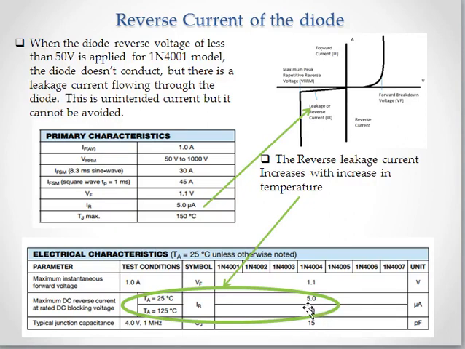So more leakage current flows as the temperature increases. To put it the other way, the reverse leakage current increases with temperature, as well as with voltage. As the voltage increases, the reverse leakage current increases, which is seen in the waveform. So this is about the reverse current of the diode.